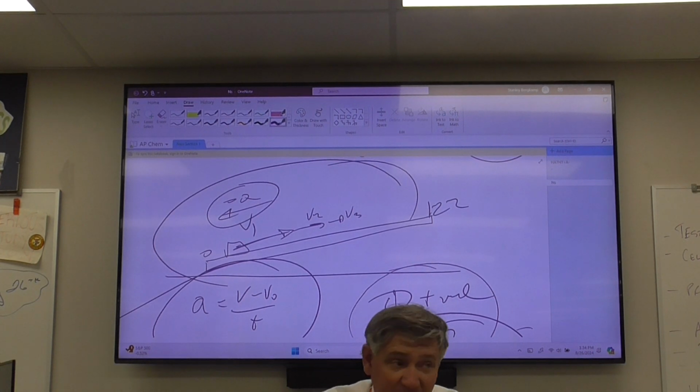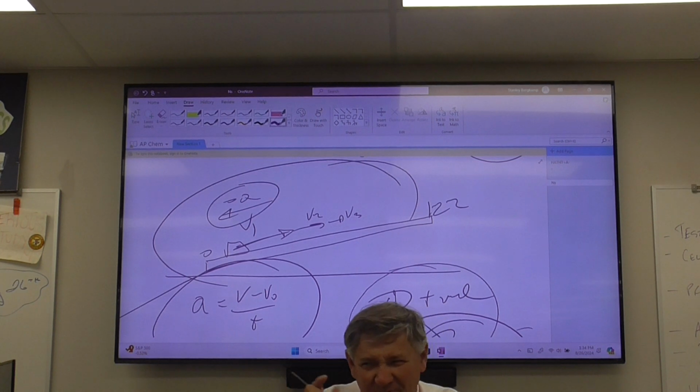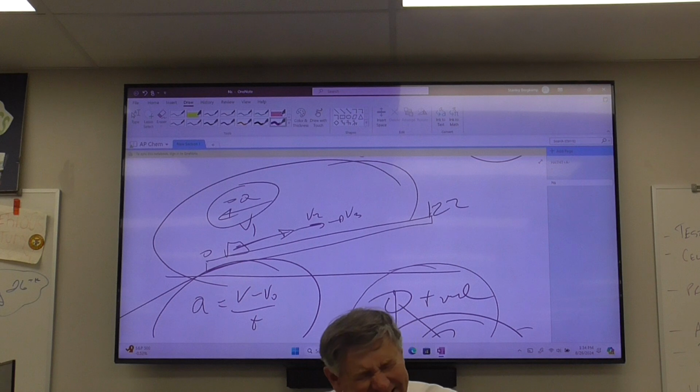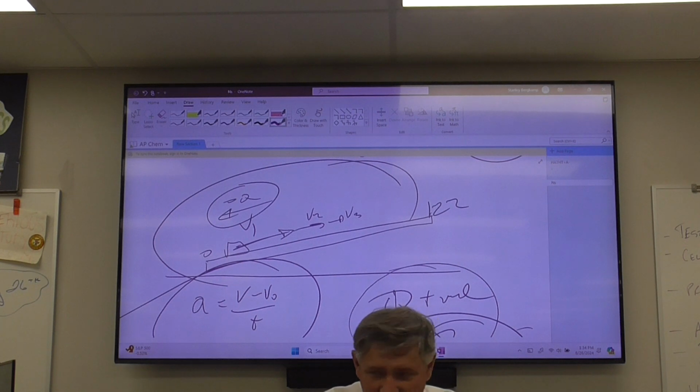Because, love y'all to death, but at 11 o'clock tonight, when I'm cranky and trying to grade that paper, I am not going to dig a ruler out and measure to see if those are exactly the same length or not. So if you want them to be the same length, you draw them the same length. If you think they're getting bigger or smaller, you clearly draw them so that I can see they're getting bigger or smaller.